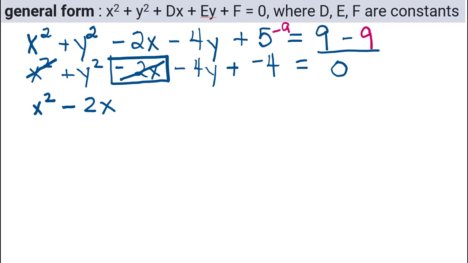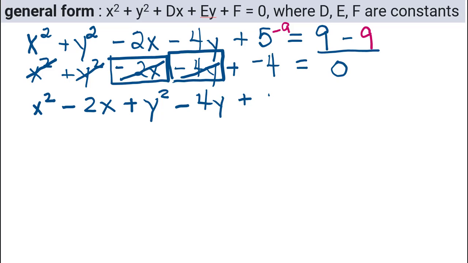Now we're going to move on to our y squared. Bring that down. Move through your equation. Pick out any other terms that have a y in it. So we have a negative 4y. We still have our negative 4.